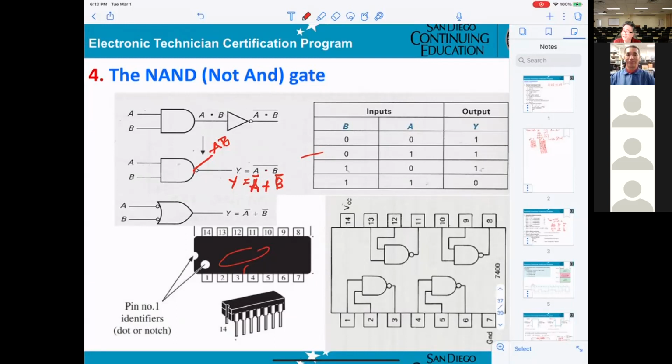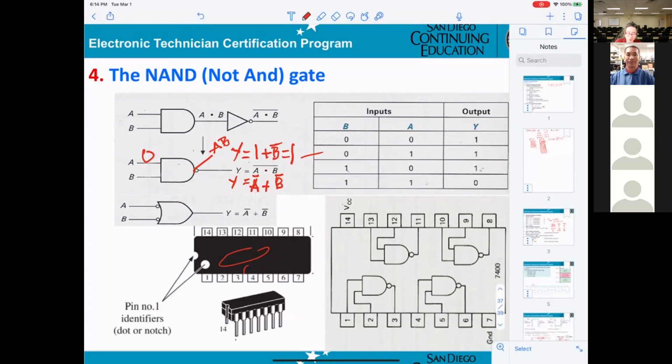The thing is that it will be easy for you to know what the output is if you get an input. For example, if A equals 0, what is the output? The not A output would be 1. So you can say y equals not A, that means not 0, there would be a 1. 1 or not B, right? 1 or anything will be 1.